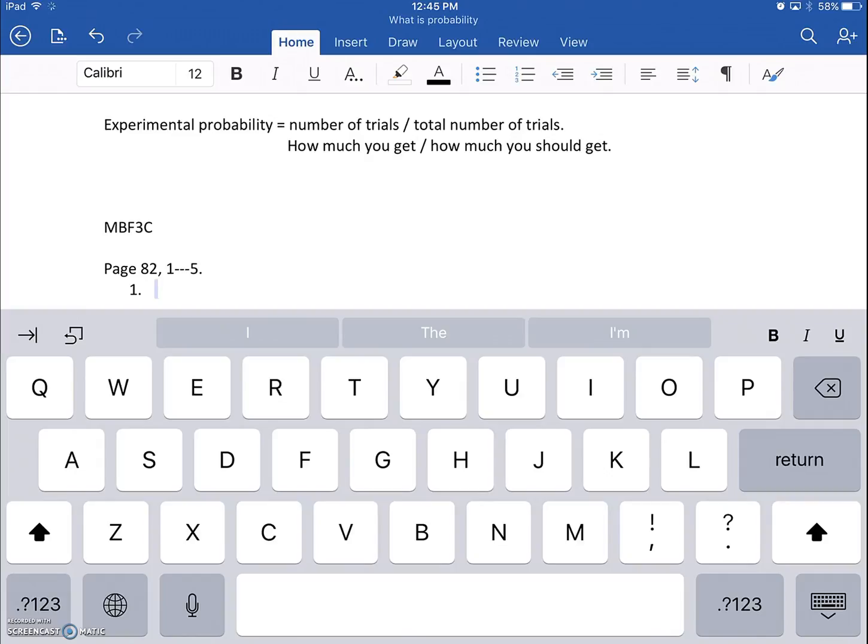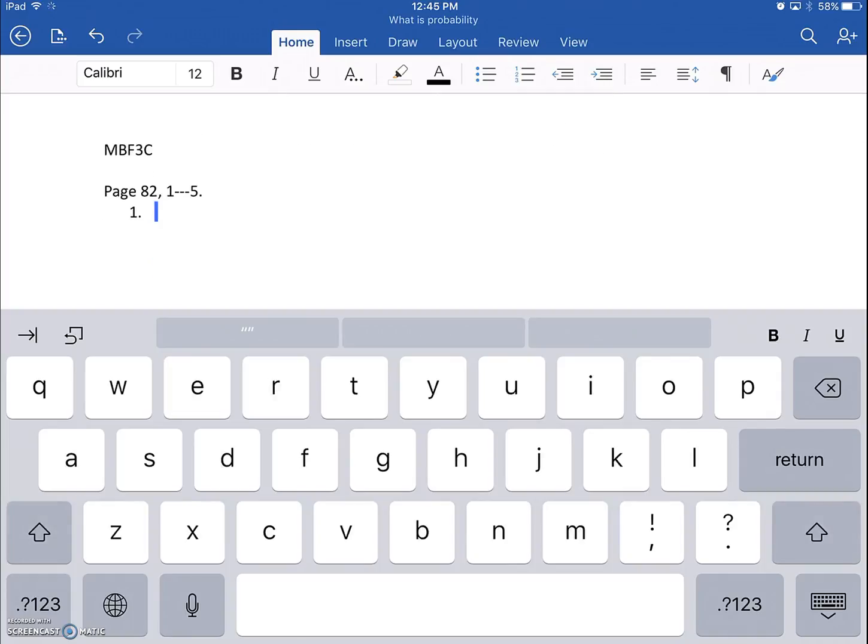So they put the needle on the no rain side. So here we go. Part a: what is the theoretical probability of the spinner landing on rain?